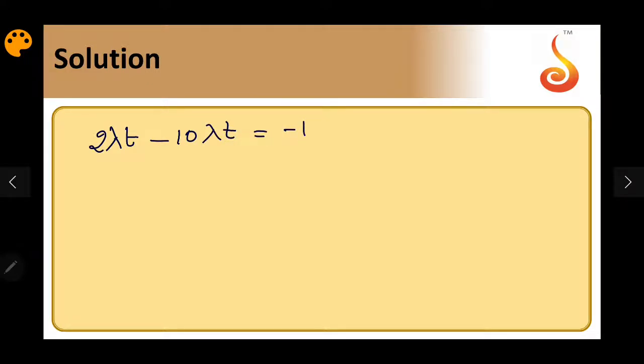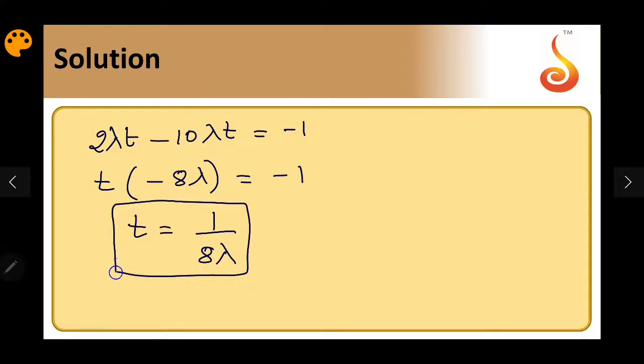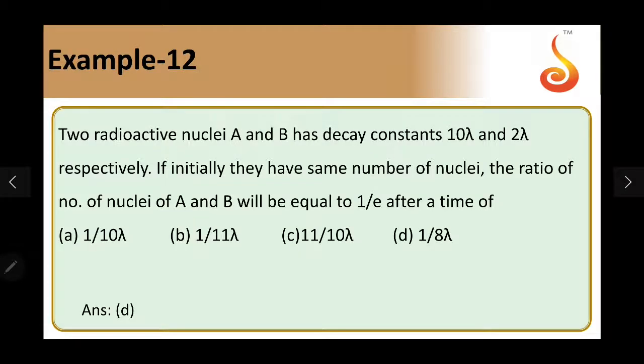If I take lambda t as a common factor, this is minus 8 lambda t is equal to minus 1. t is equal to 1 by 8 lambda. So the time at which the ratio of the number of nuclei becomes 1 by e is at 1 by 8 lambda. So the answer should be D.